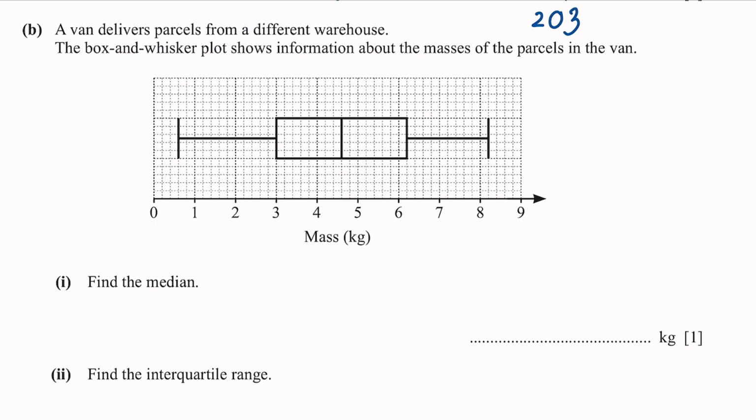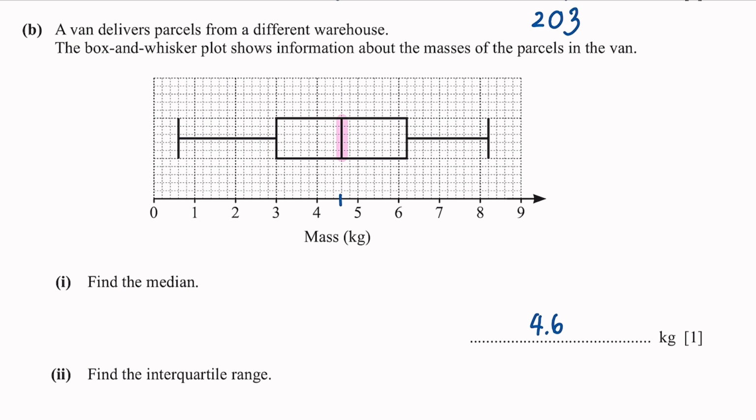A van delivers parcels from a different warehouse. The box and whisker plot shows information about the mass of the parcels in the van. Find the median. And the median is this value, which is 4.65.